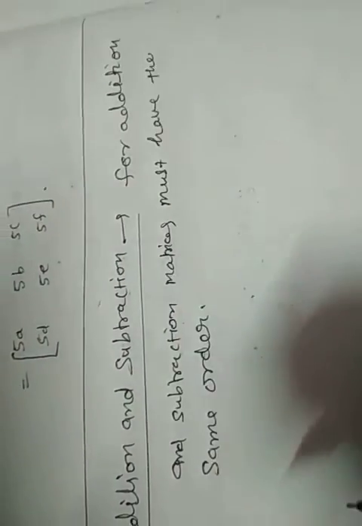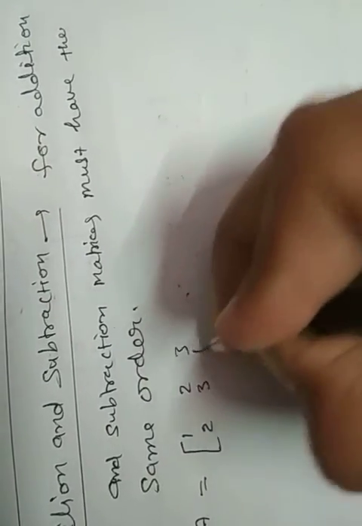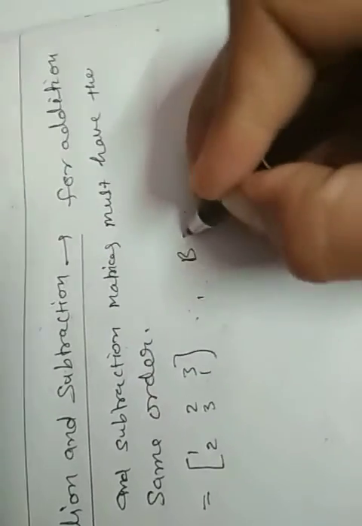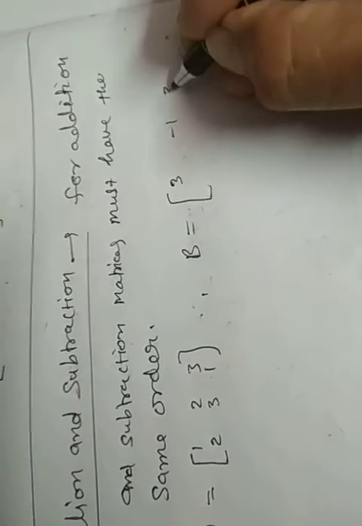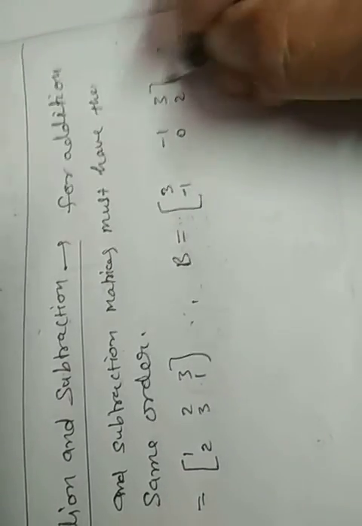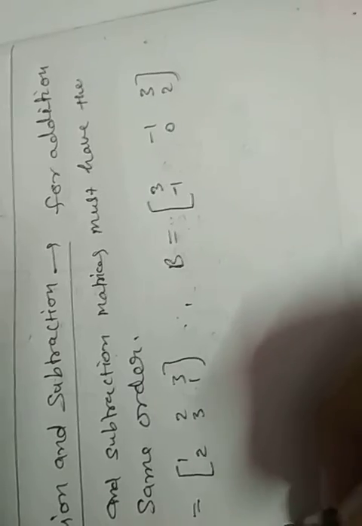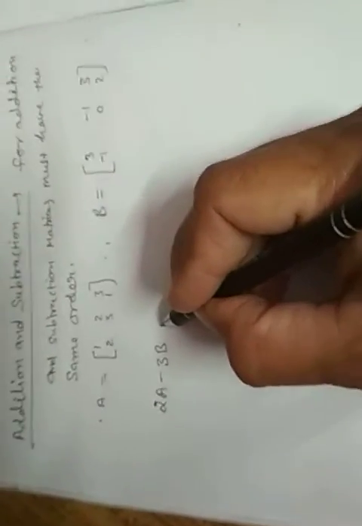Let us take an example. Matrix A is given: 1, 2, 3, 2, 3, 1. Matrix B is given: 3, -1, 3, -1, 0, 2, and we have to find 2A minus 3B.